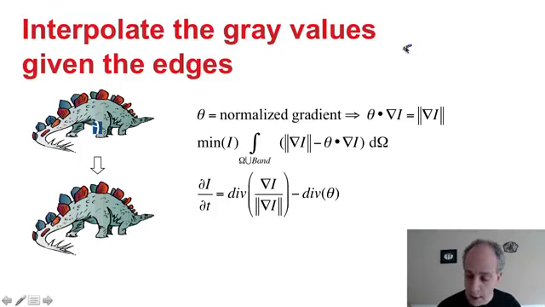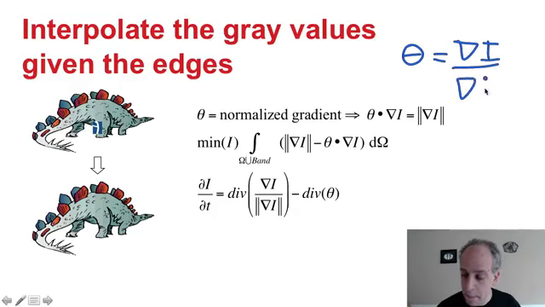Remember, the normalized gradient: theta is the gradient divided by its magnitude. Now, we have to be a bit careful when the magnitude is zero. Basically, there is no gradient, so we leave that aside for the second. So this is what we were given.